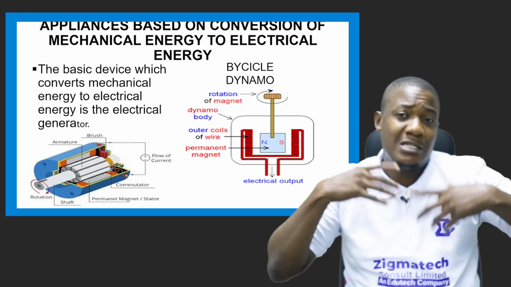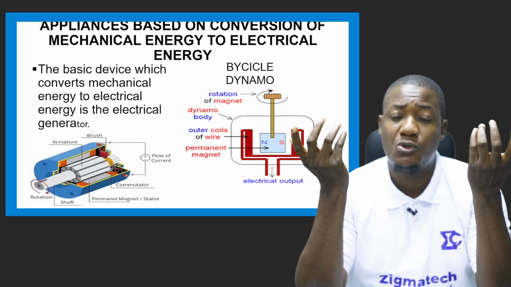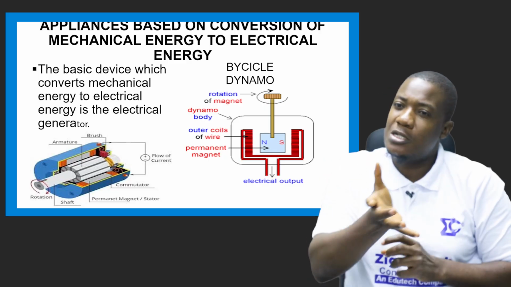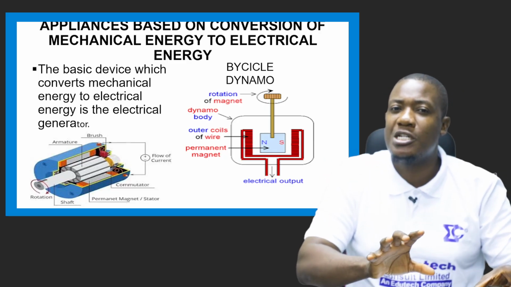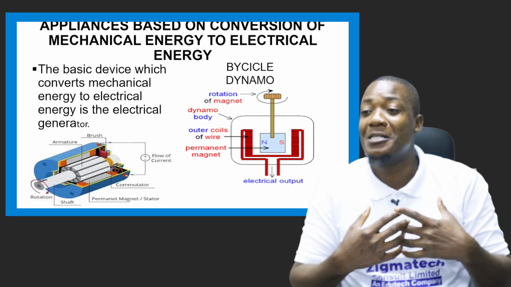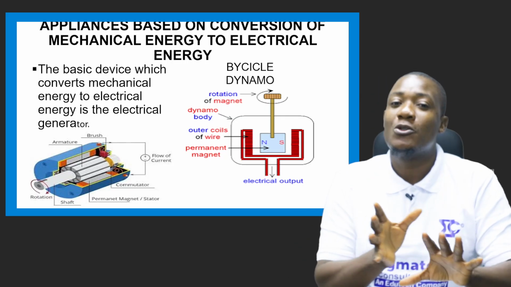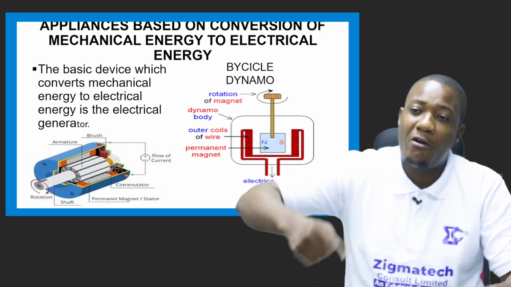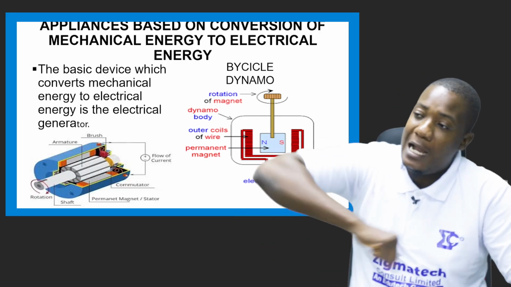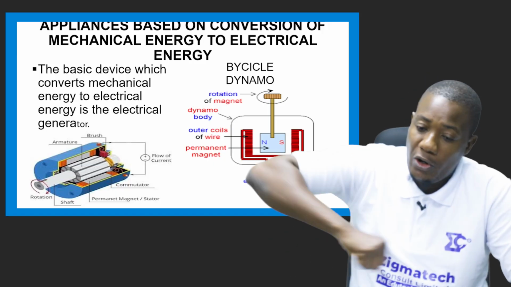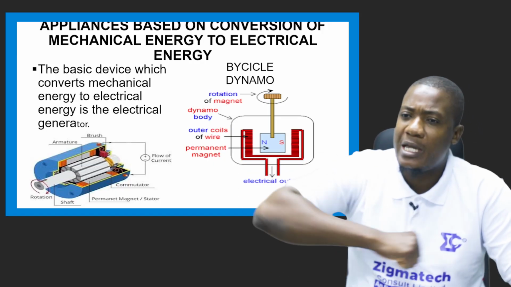Once it's night and you want the headlamp to shine, just adjust the dynamo, the machine. We normally call it an engine, but that's not an engine, it's called a dynamo. It touches the tire, and as you revolve the tire, the armature or the coil is revolving in the starter.